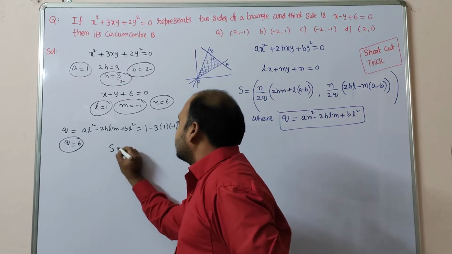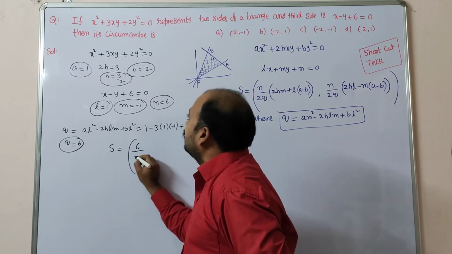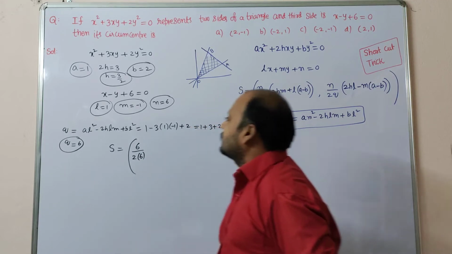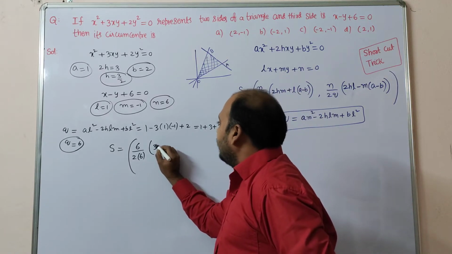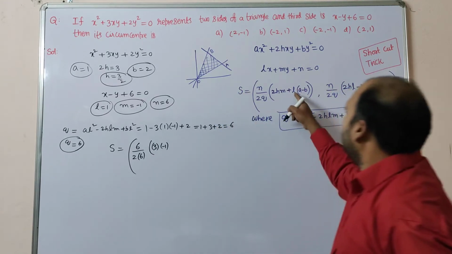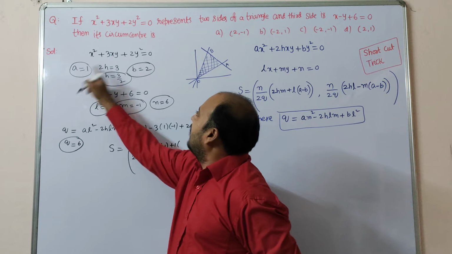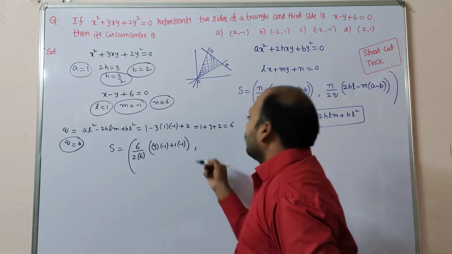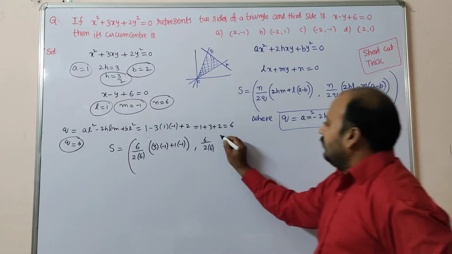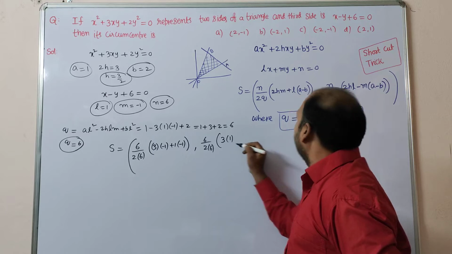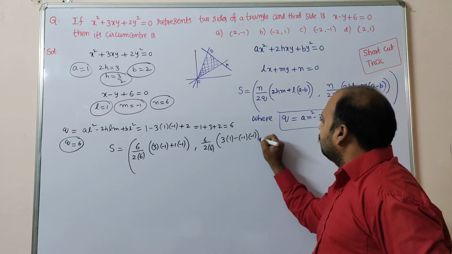Next, the N value is there. So circumcenter S is equal to n by 2q, n value 6, by 2 into 6, into the bracket: 2h is 3, m value is minus 1, plus l value 1 into a minus b, so 1 minus 2, minus 1. Next, 6 by 2 into 6, 2hl bracket: 2h is 3, l value is 1, minus m value minus 1, a minus b, again minus 1.